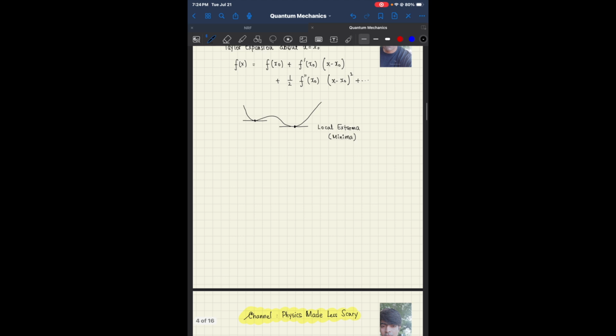In fact, you find these minima by setting the first derivative to 0. So at these critical points, your first derivative is 0. This is, say, x star, and x star satisfies this equation. That's how one finds these critical points.